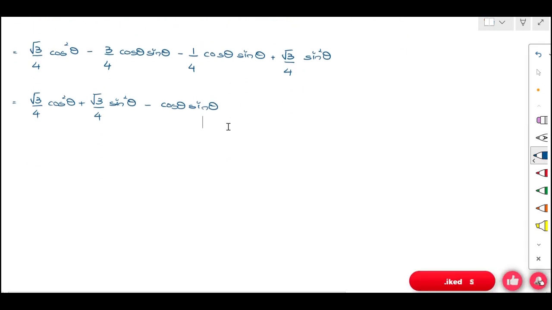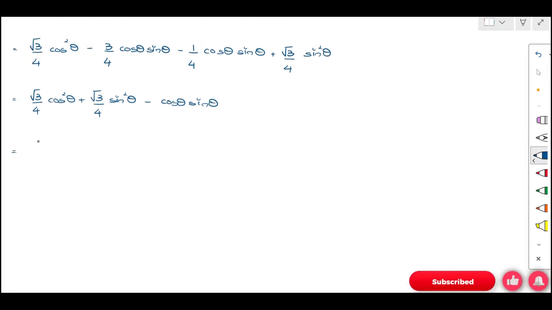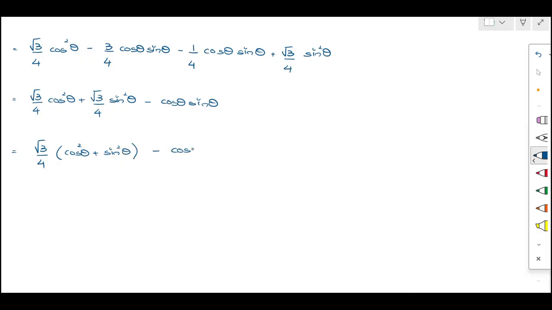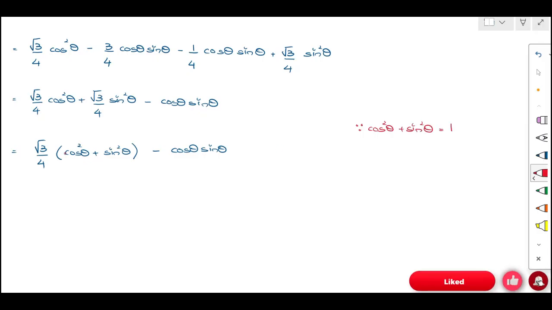Okay. And here we have to take root 3 by 4 common, and cos square theta plus sine square theta is left, and minus cos theta sine theta, right? And here we know the identity that cos square theta plus sine square theta is always equal to 1. So put this equal to 1, right?